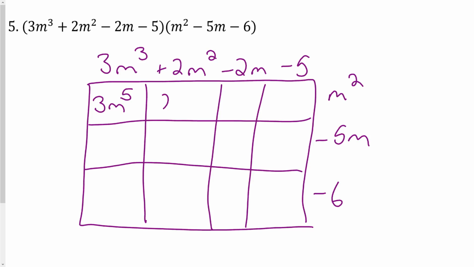This term is 2m to the 4th. m squared times minus 2m is minus 2m cubed, and then minus 5m squared.